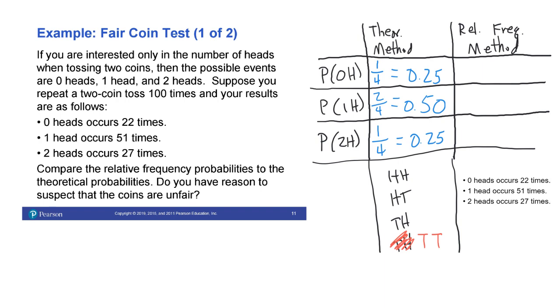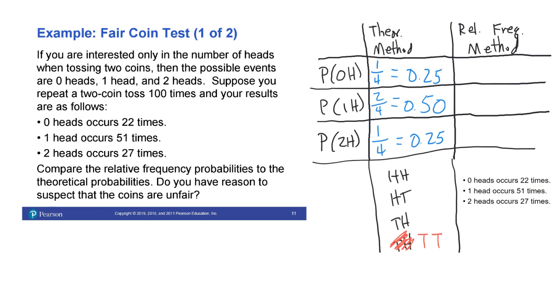Okay? Now, for the relative frequency method, if you want to calculate the probability of getting 0 heads, well, we have to look at the observations. So we would observe that 0 heads occurred 22 times out of 100 observations.